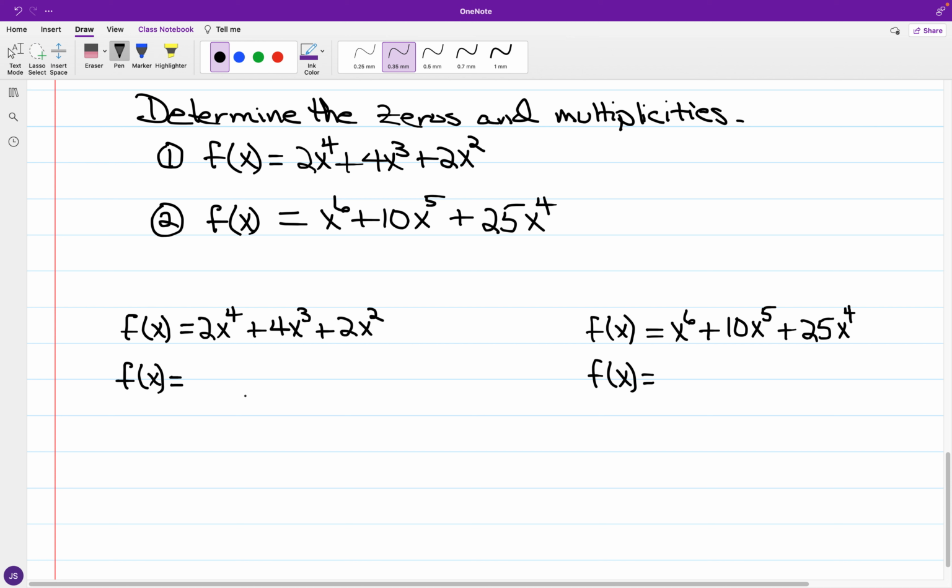If we go ahead and look into these, we're determining the zeros and their multiplicities. With the first function, we have a fourth order trinomial expression, where 2x to the 4th plus 4x cubed plus 2x squared defines y is equal to f of x.